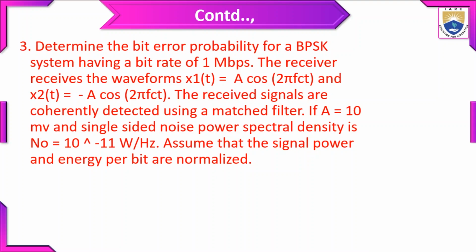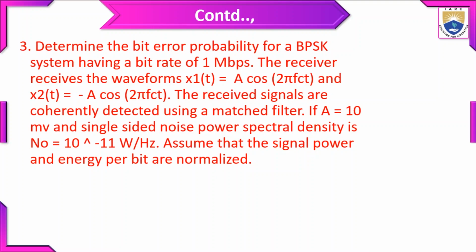The received signals are coherently detected using a matched filter. If A is equal to 10 millivolts and the single sided noise power spectral density N0 is equal to 10 power minus 11 watts per hertz, assume that the signal power and energy per bit are normalized.